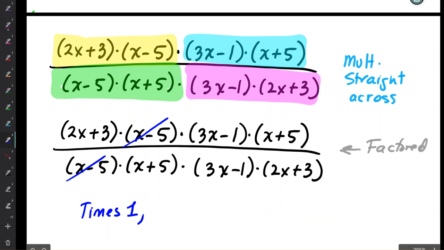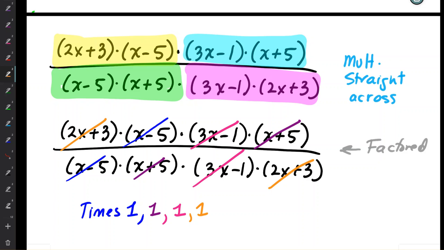We've also got an x plus 5 and an x plus 5. There's a times 1. We've got a 3x minus 1 all over a 3x minus 1. There's a times 1. And then we've got a 2x plus 3 and a 2x plus 3. Oh my goodness, everything disappeared. Is my answer 0? No. What's up here?